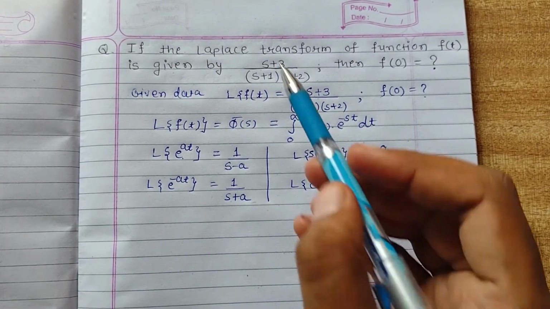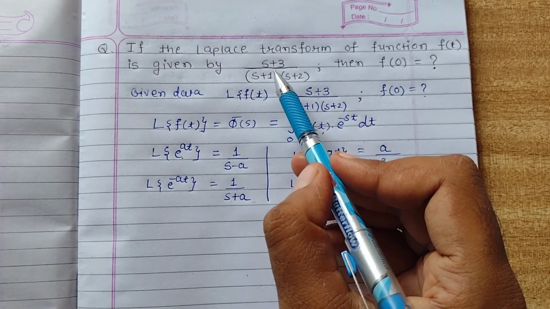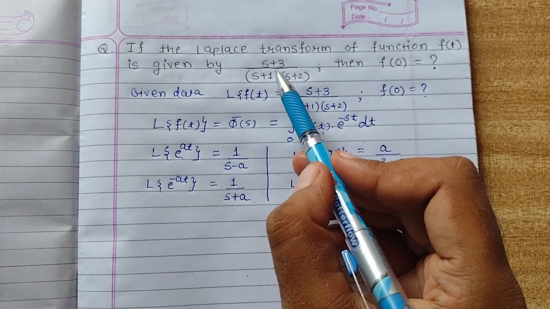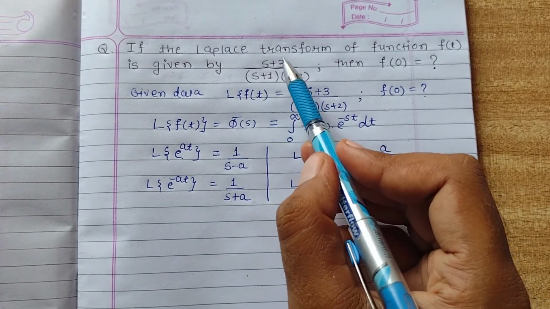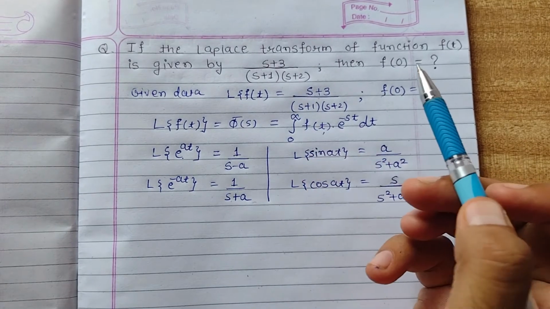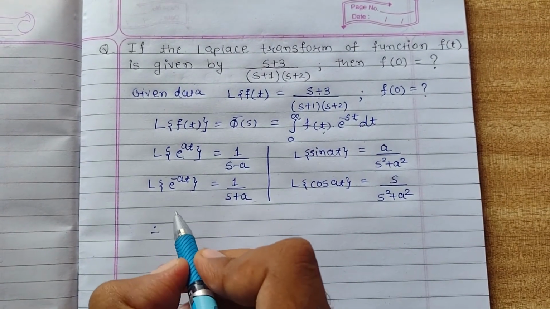So here we have been given the function (s plus 3) divided by (s plus 1) into (s plus 2). So we have to separate this term into two parts. Let's separate this term into two parts.